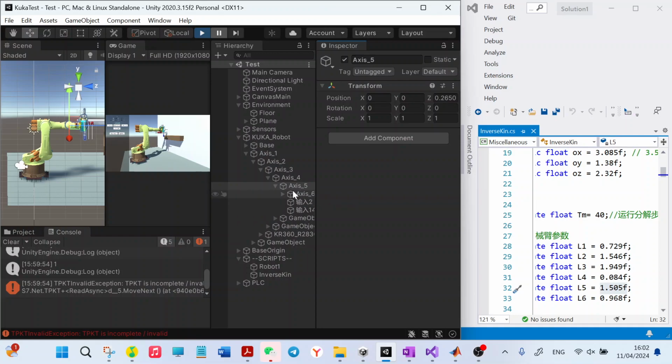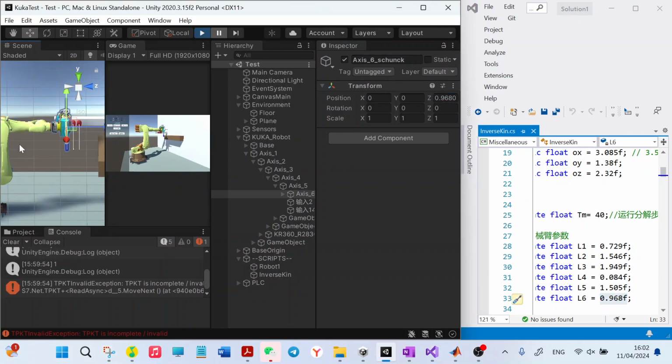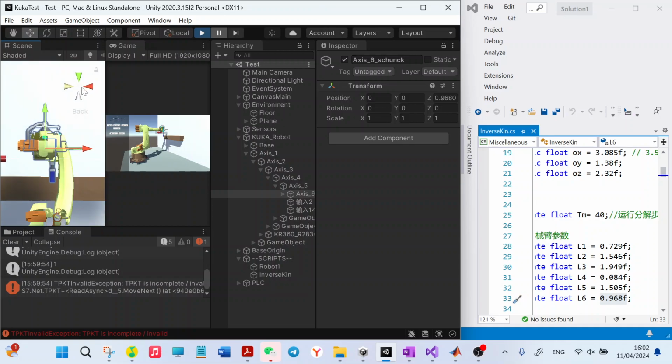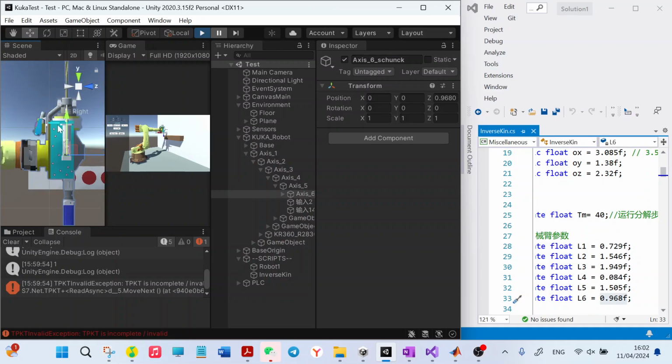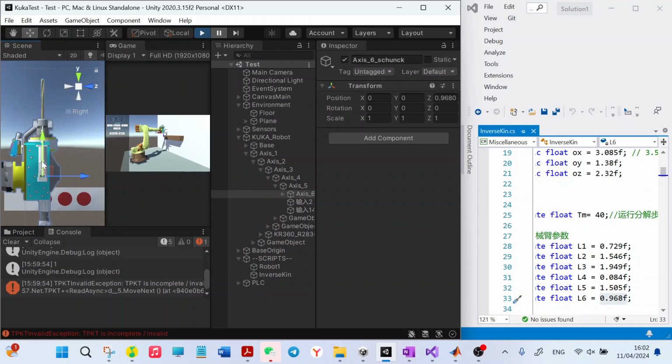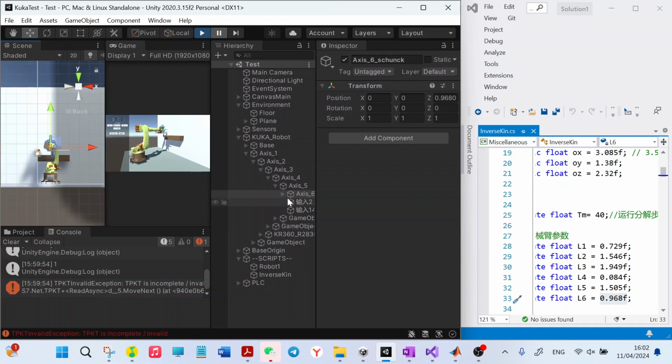Control Z. Last, between this point and this point is our end effector. If we increase it, we will see that this point is the drill point. Also, an important moment: when we check these axes, they should all be on the same line.